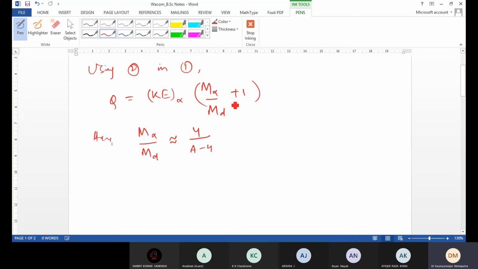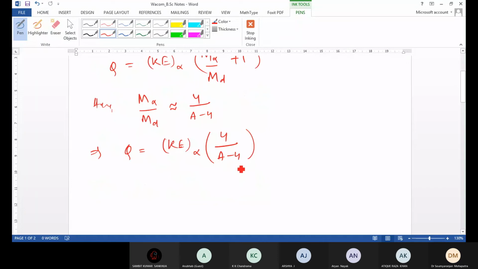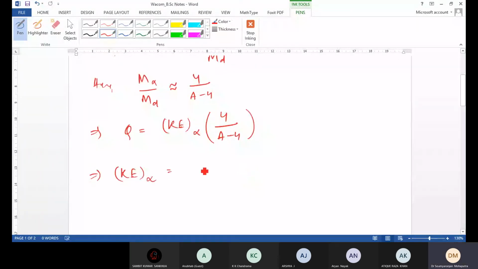So I can directly substitute this value over here, so Q is equal to the kinetic energy of alpha times 4 by a minus 4. If you want to find the kinetic energy of alpha, you can write Q multiplied with a minus 4, whole divided by, I think this is a. Just a second.